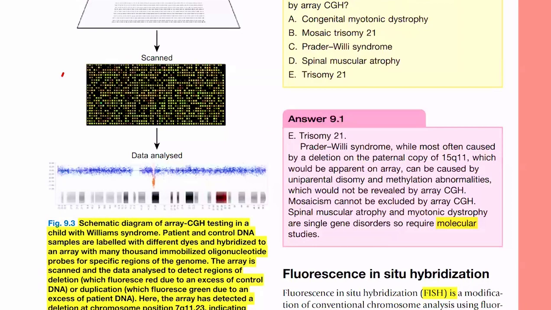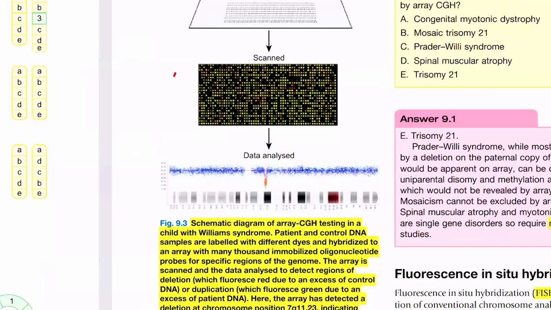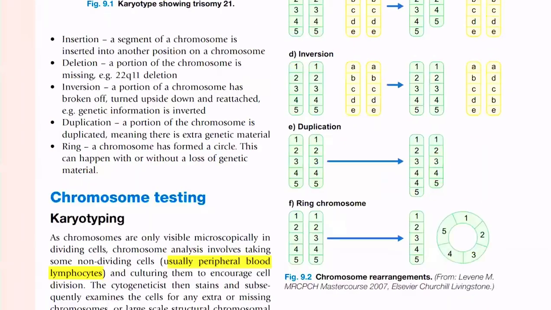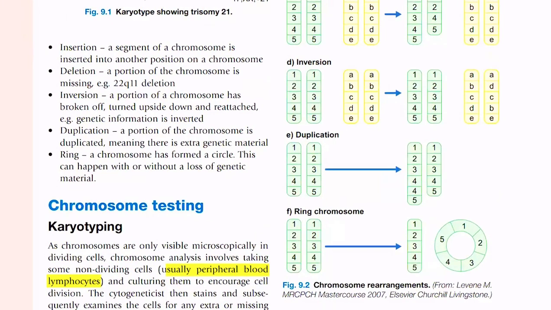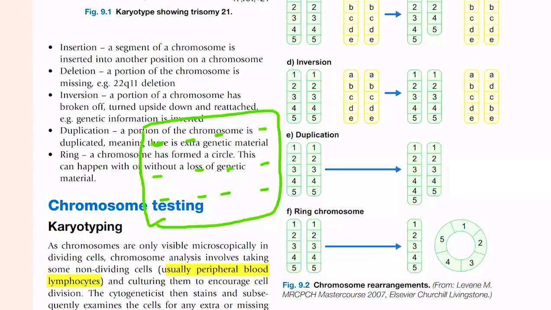Now see here, the patient labeled DNA. Now listen carefully. I have made a slide where I have put some known gene sequences. I have taken two samples: one is a control sample and one is an abnormal, deleted or duplicated gene sample.